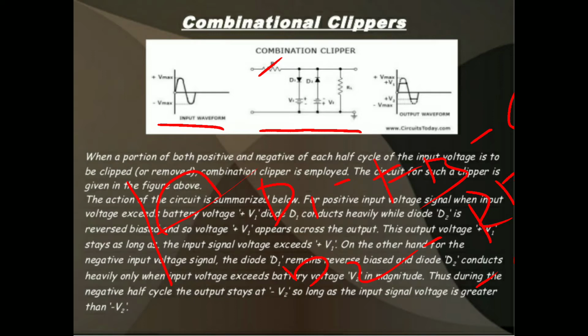In forward condition, the diode conducts and all the voltages from the input side are passed through the diode D1 to the reference voltage VR. Here the reference voltage is fixed at some voltage. If the input is greater than the reference voltage, the remaining half cycle will be cut. Suppose we take the input voltage as 6 volts and the reference voltage as 5 volts. So only 5 volts will be the output, and the remaining 1 volt will be removed.